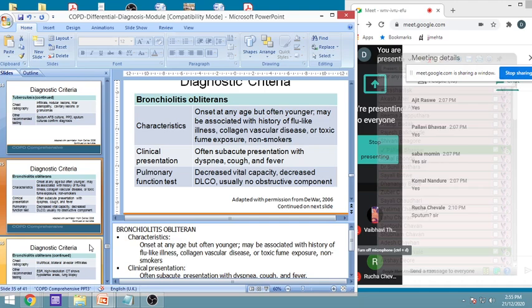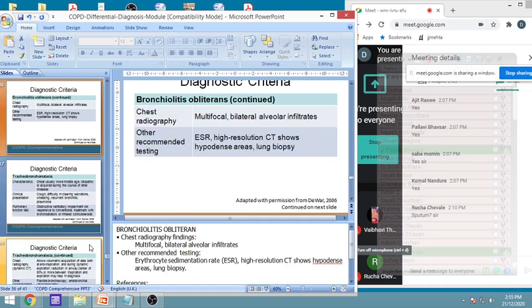There is a decrease in the vital capacity, a decrease in the DLCO, and there is no obstructive component. Only lung capacities are reduced because the space which is required to keep the air in is reduced. So for that we go for chest X-rays, multifocal, bilateral, or we can go for ESR studies, that is erythrocyte sedimentation rate.